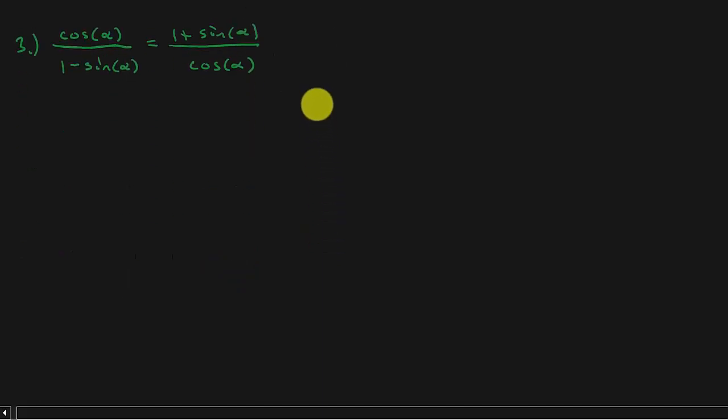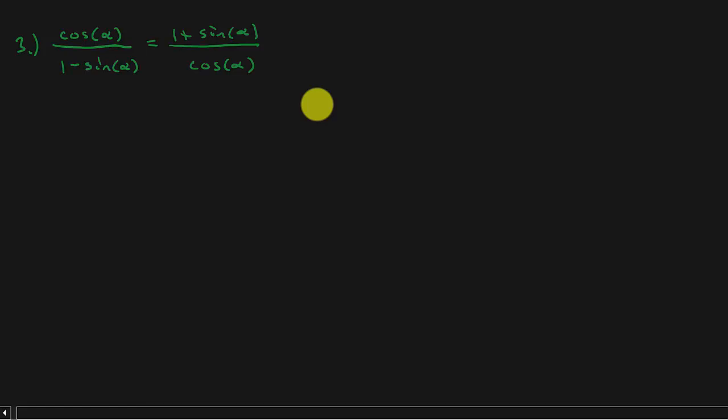All right, so this one, we look at this thing, and remember I said you take the more complicated looking side and you try to simplify it to the other side. Well, which side looks more complicated in this problem? Well, they both kind of look the same, don't they?